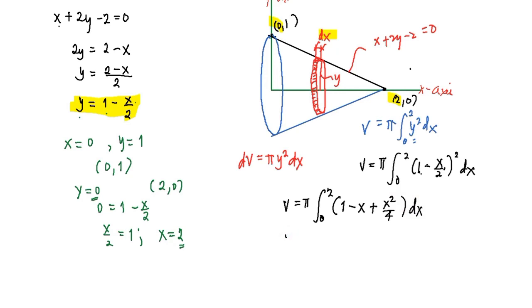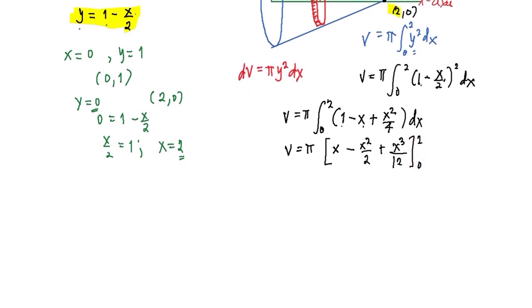Now we can integrate each of the terms here. And we would have here the volume is equal to pi. The integral of 1 here is, of course, equal to x minus the integral of x here, which is x squared over 2, and the integral of x squared over 4 here is x cubed over 4 times 3, so that's 12. And of course, our limit is from 0 up to 2.